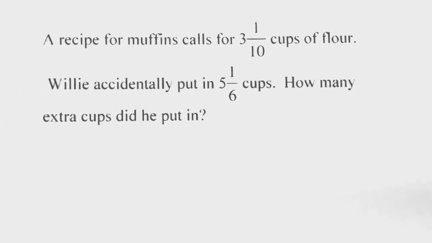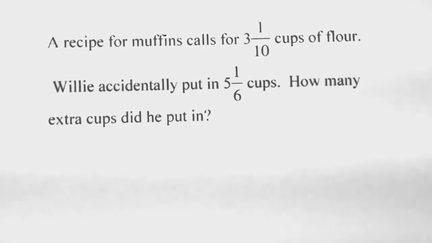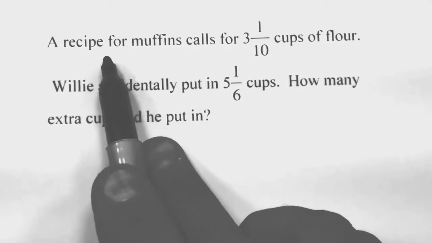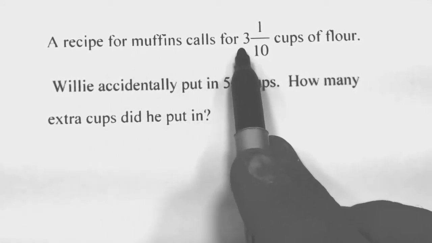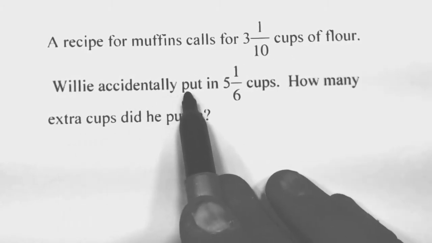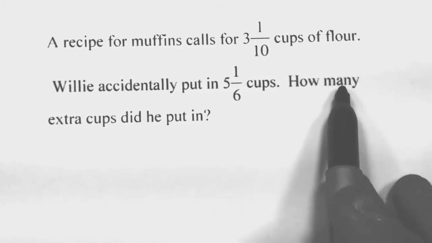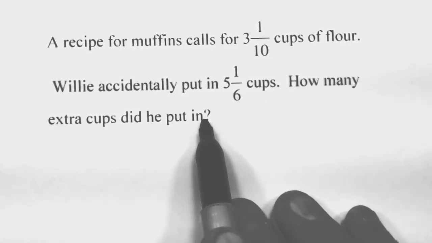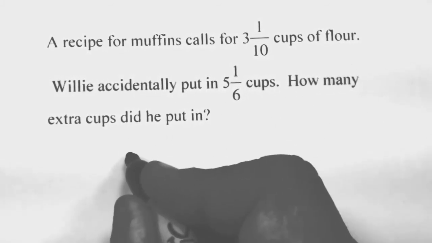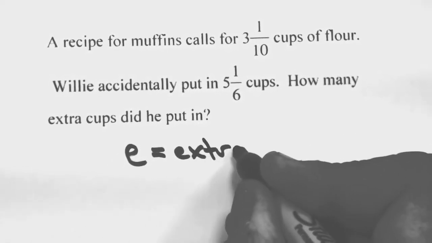Okay. Here's another problem. We've got some mixed numbers in this. Let's show you how we're going to work with these. A recipe for muffins calls for 3 1/10 cups of flour. Well, he accidentally put in 5 1/6. That's a bit more, okay? How many extra cups did he put in? Let's say E equals the extra cups.